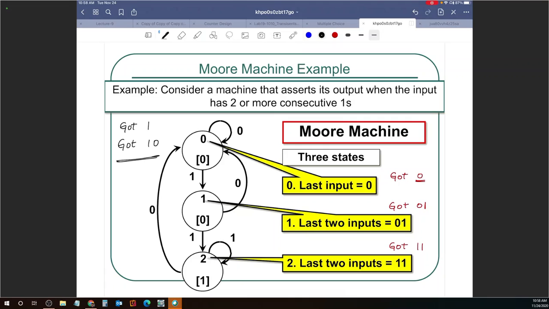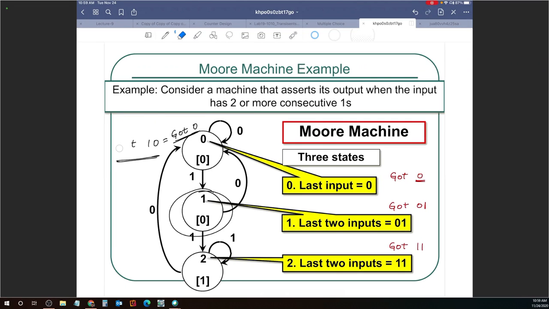That's right, it's unnecessary. 1, 0 is not there because 0 automatically breaks the loop. So got 1, 0 is the same as got 0. That's a valid statement. Got 1 is the same as 1 from 0, so we don't need to consider those.